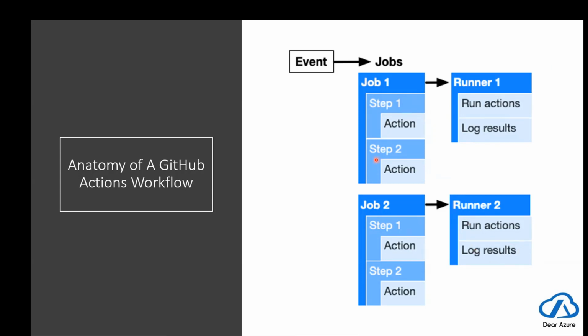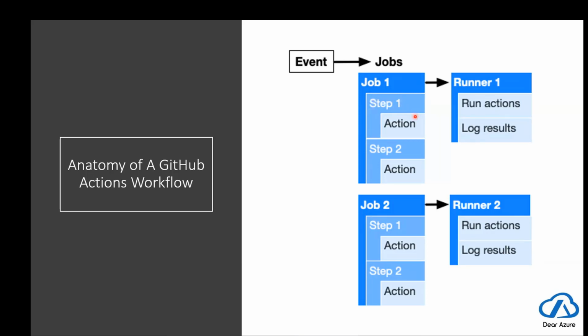So what we need to do is upload whatever we create to an upload location, and whenever job two starts, it downloads those artifacts and then works on them. So this is the GitHub Actions workflow at a very high level.